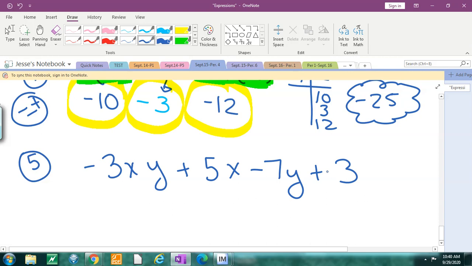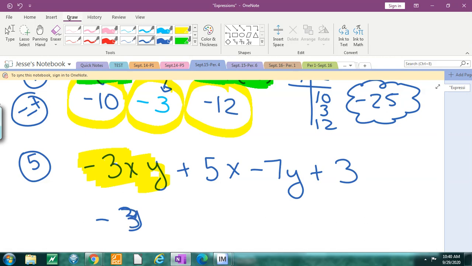So the coefficient, remember, is only the number next to the variable, the letter that it's rubbing with. So if you look at the first one, negative 3, is that rubbing with xy? Yeah, that's one term. So my answer is negative 3.